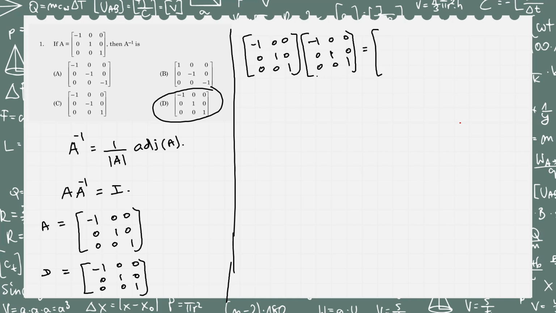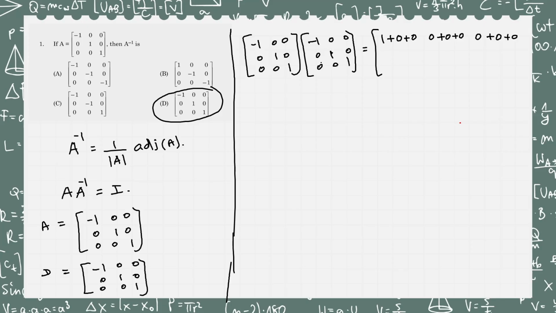equals, row 1 into column 1 is -1 into -1, which is +1, plus second entry of row 1 and second entry of column 1 0, and third entry into third entry is 0. And the first row second column answer is -1 into 0 0, 0 into 1 0, 0 into 0 0. And the first row third column answer is -1 into 0 0, 0 into 0 0, 0 into 1 0.